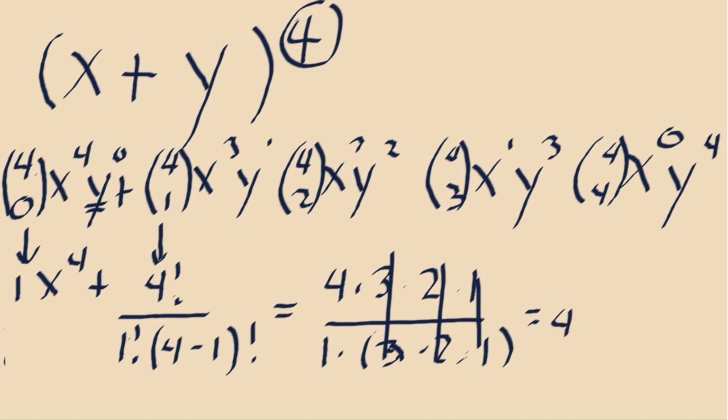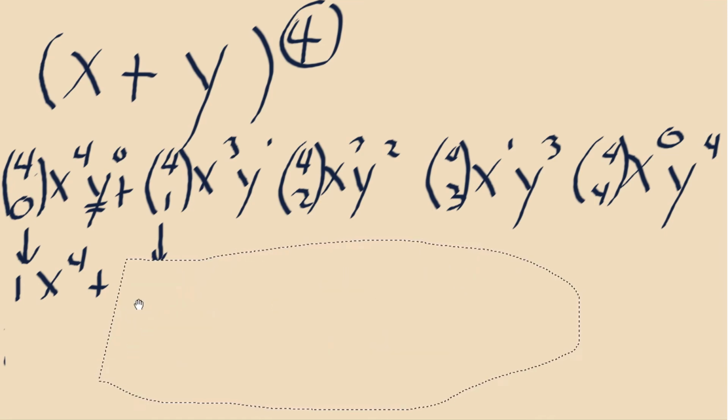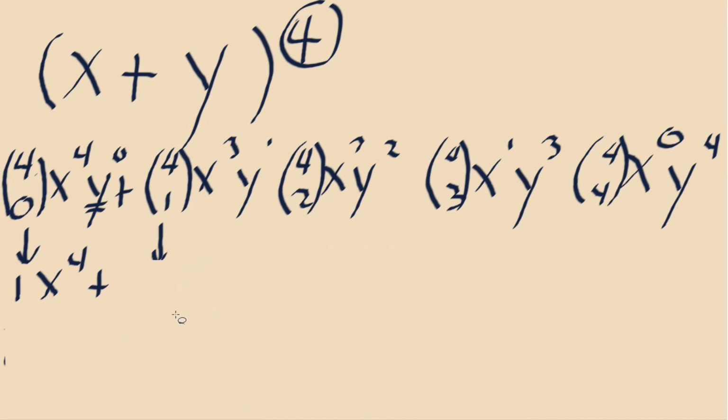So combination of 4 taken 1 is going to be equal to 4. This is going to be 4 x cubed y.